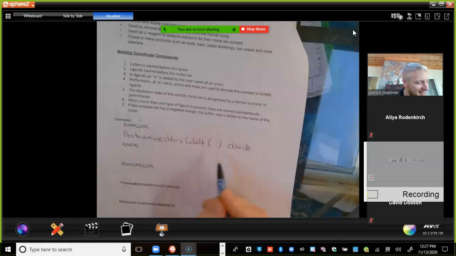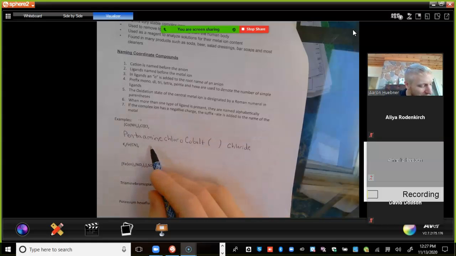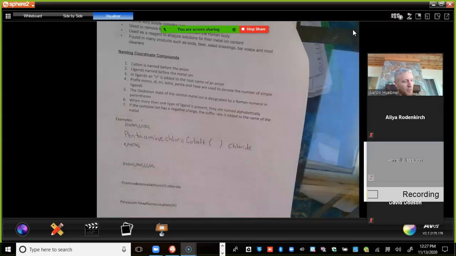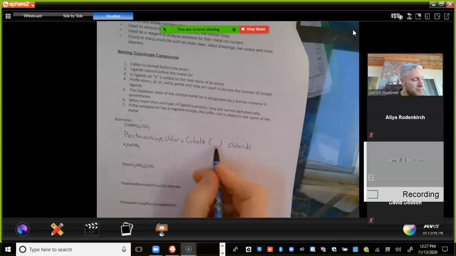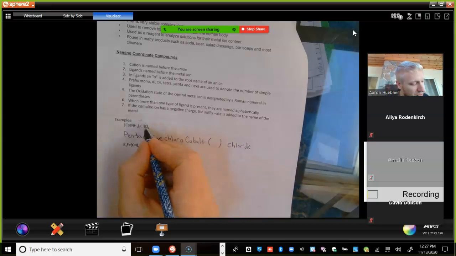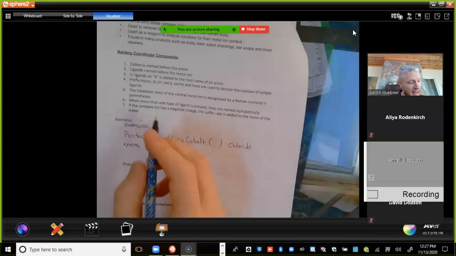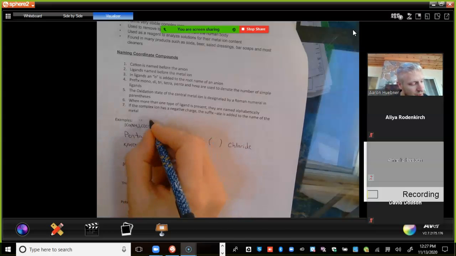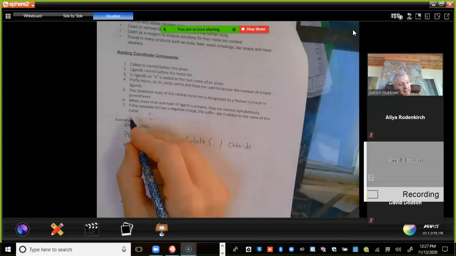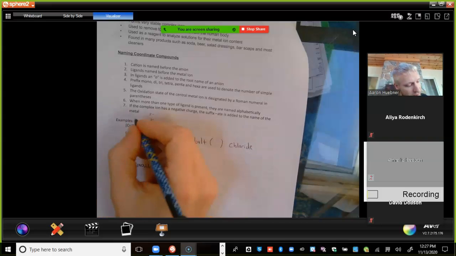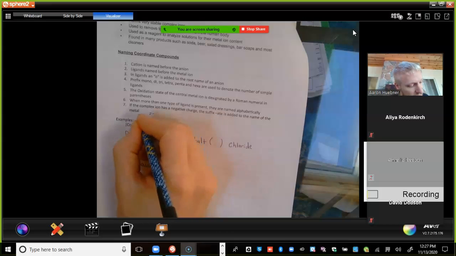It's sad, sad. All right, so we got pentaamine, chloro, cobalt. We're trying to figure out what the charge is, so we can put that into the Roman numeral. So we're going to have to go backwards in analyzing this. We got chlorine is -1, and there's 2 of them, so it's an overall 2 minus that the complex ion has to offset.